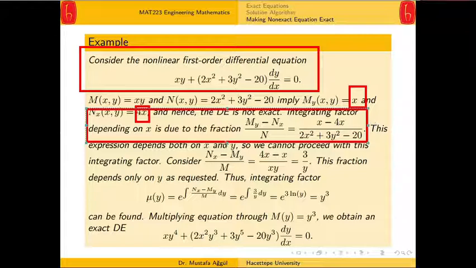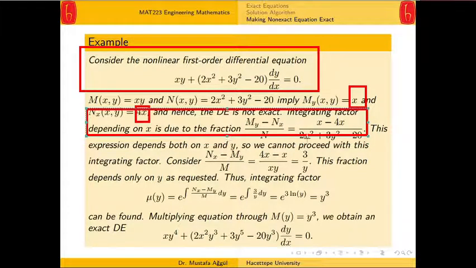That was the integrating factor with respect to x, but we can do the same for y. In this case we need to find the fraction (Nx minus My) divided by M, where M is equal to xy. So we will have 3x on the top and xy on the bottom, and the x's will cancel out.